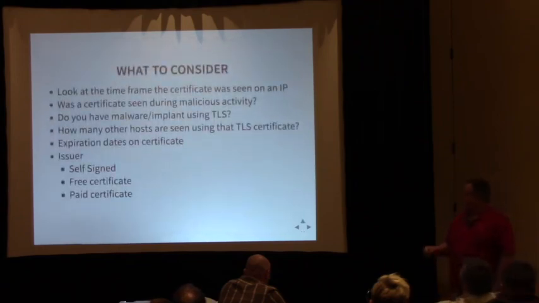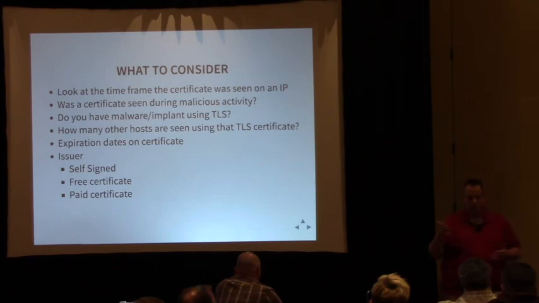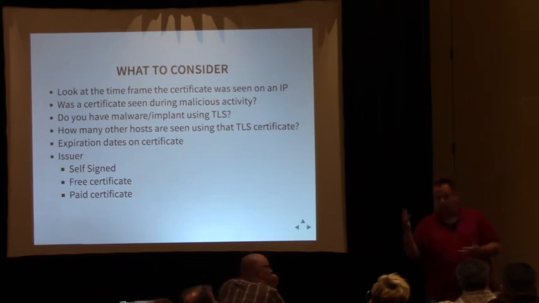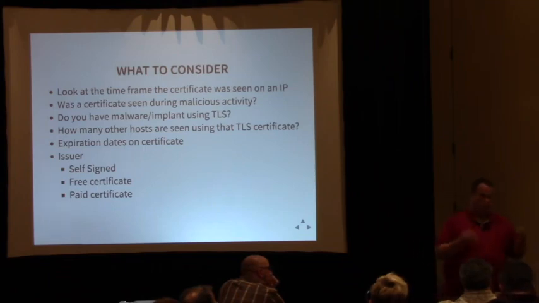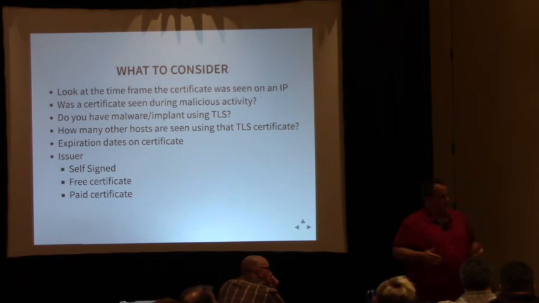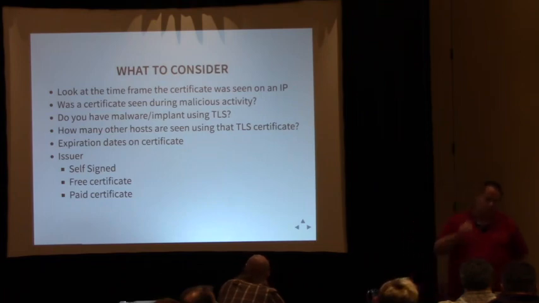But one of the things I think people should consider as you start to develop this method is the time frame that a certificate was seen on an IP address. Let's say you're working on an intrusion, or someone wrote a blog post about something, and you look up the domain, you get the IP address, and, oh, awesome, it's got 3 certificates. You pivot on that certificate, and you find 6 more IP addresses.